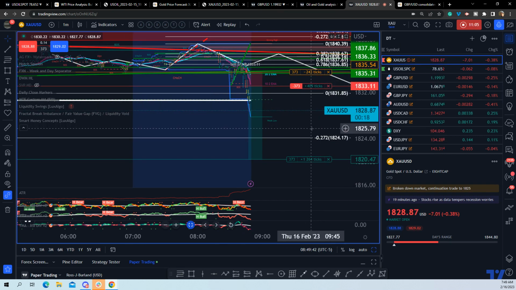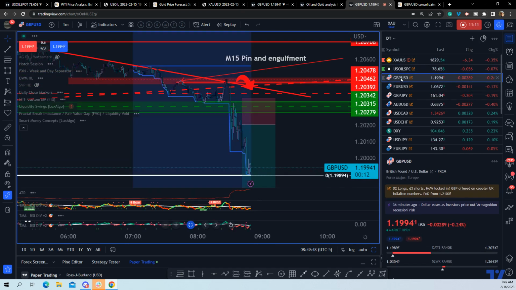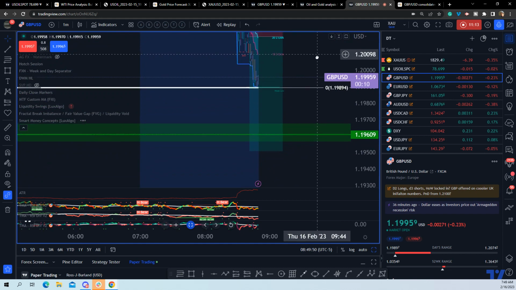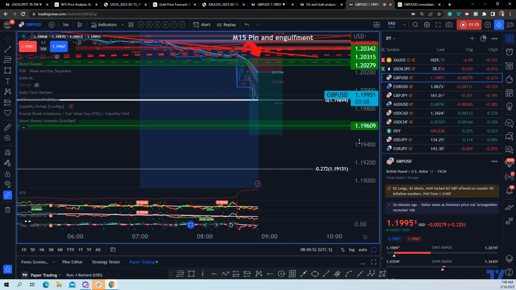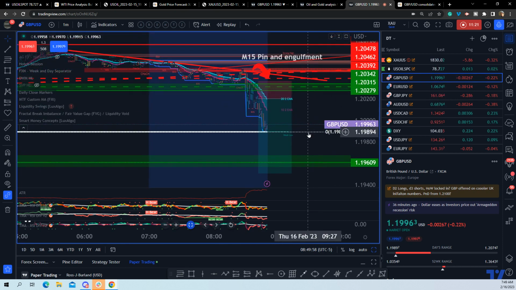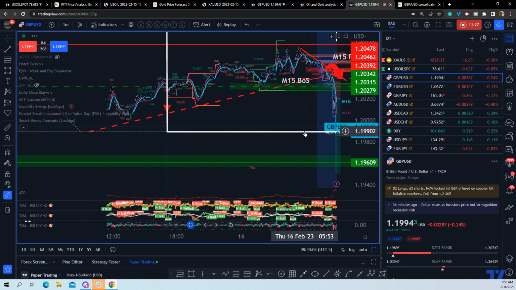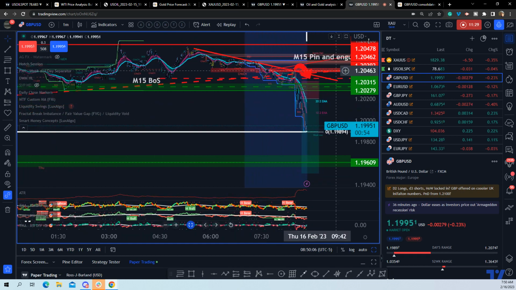So we'll take some off at 25, move to break even and trail it. On the pound, same scenario. I haven't done anything on TradingView and I'm just letting that run. Actually, I'll go and take some of that off.